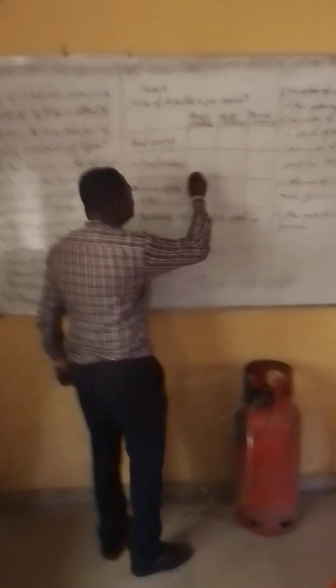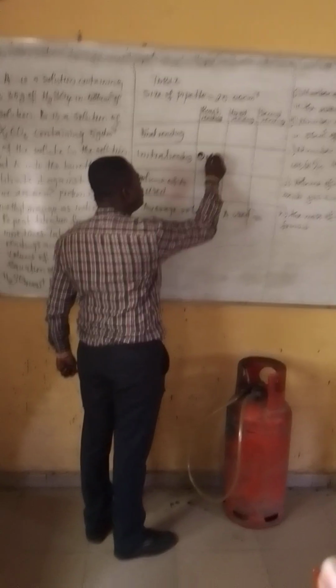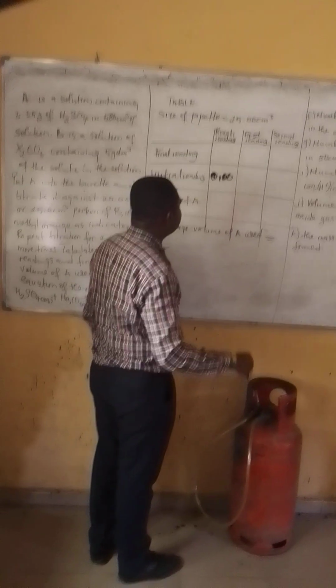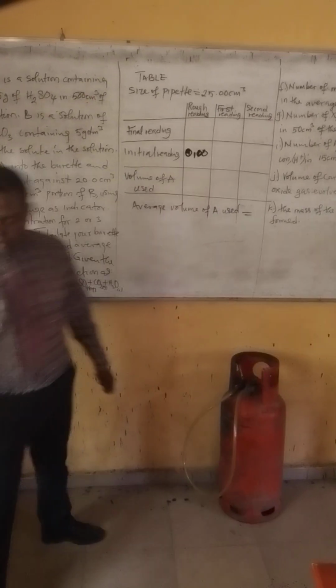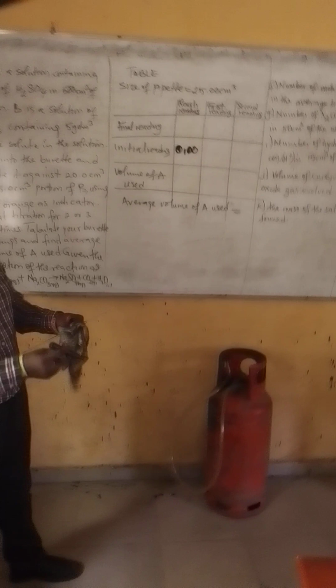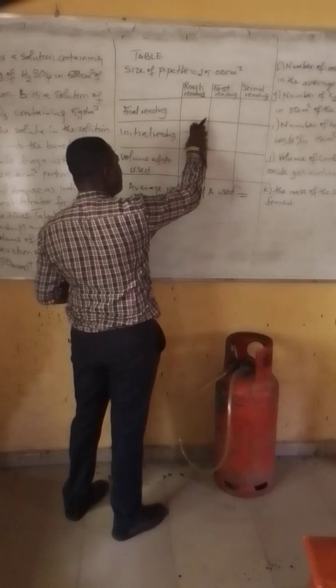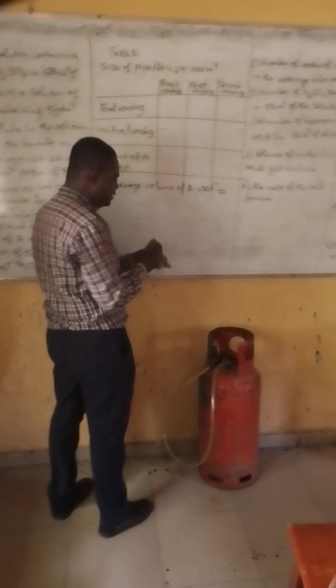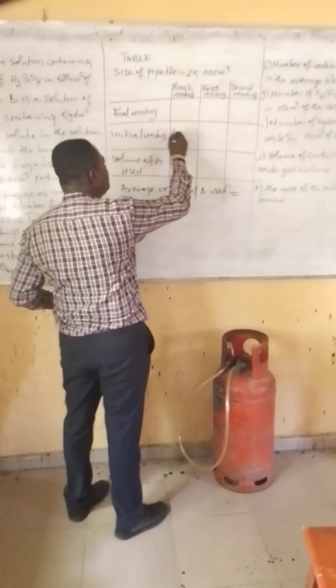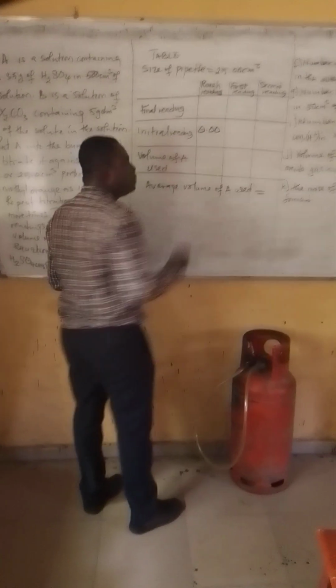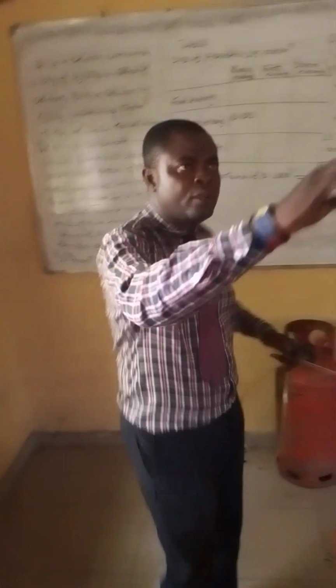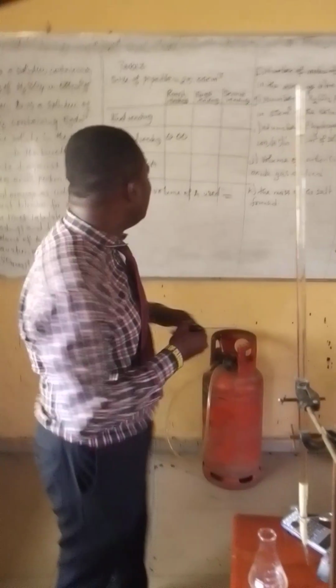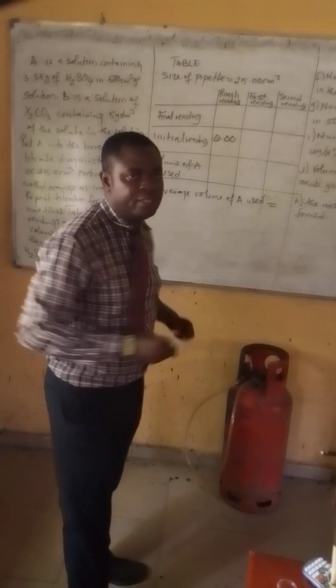With your marker, with your pen, you put 0.00 here. That is your initial reading, under rough reading. Because you have filled the burette to almost the brim, it is at 0.00 here. That is initial. Initial means what you are starting with.